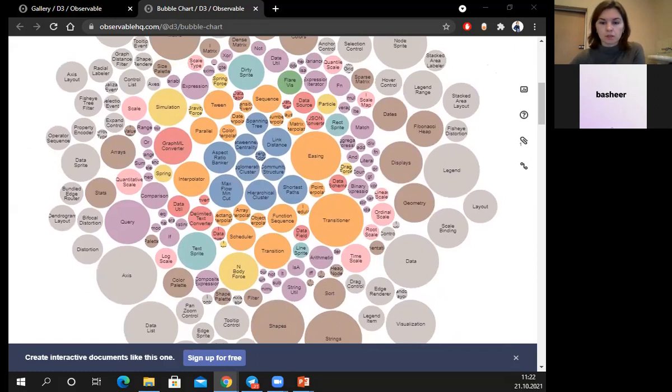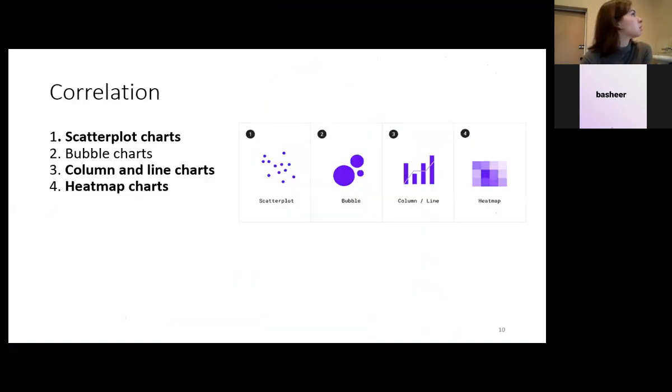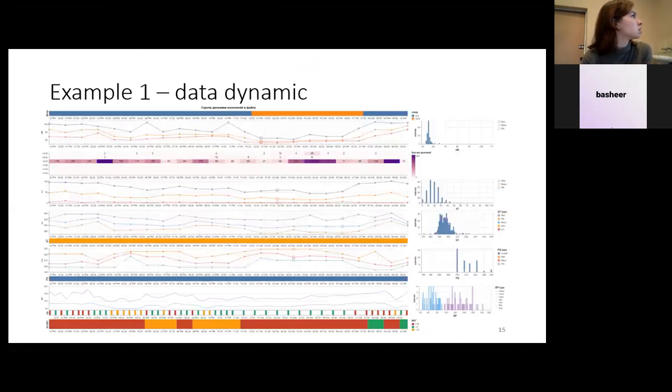For example, in this presentation, you may find this example. You see the details, but there is the Julia language, and it's a language for science research.